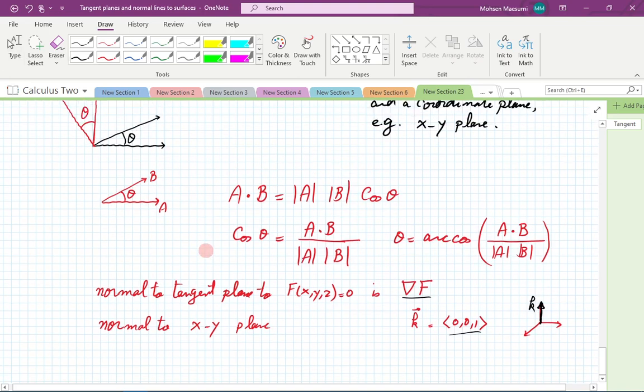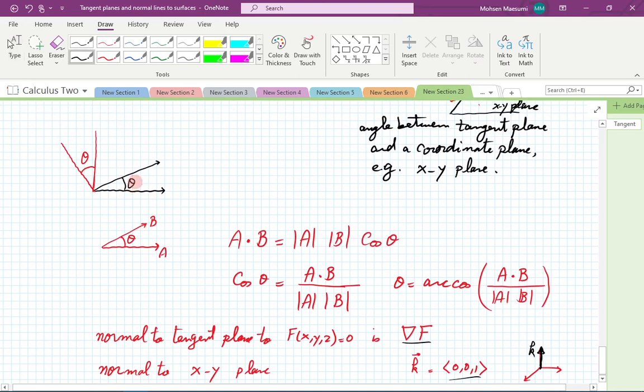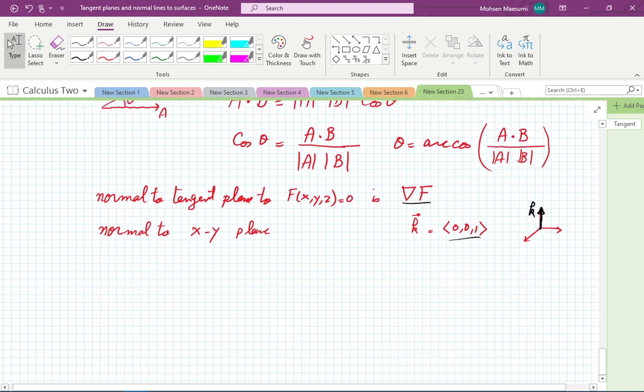If you are looking for an angle, and that angle is the same as the angle between the two normals, and the two normals are given by the gradient and k, then the cosine of the angle that we are after is k dotted with the gradient of f divided by the length of k times the length of the gradient of f.